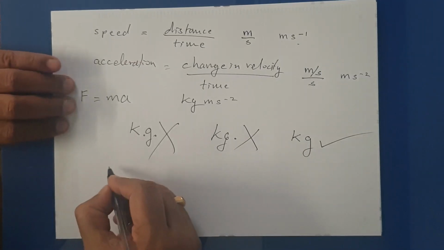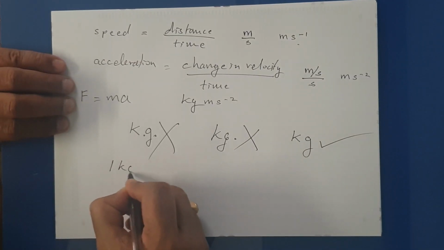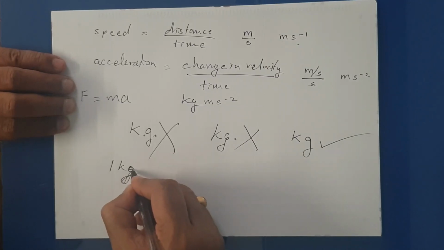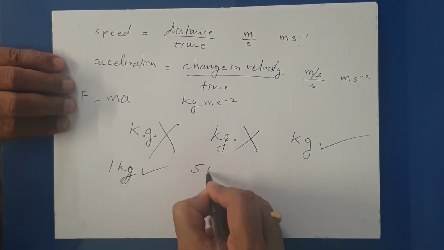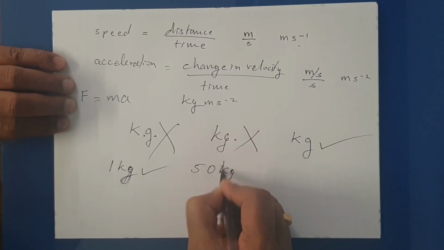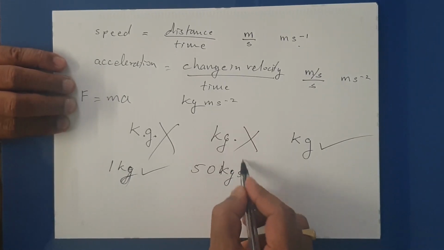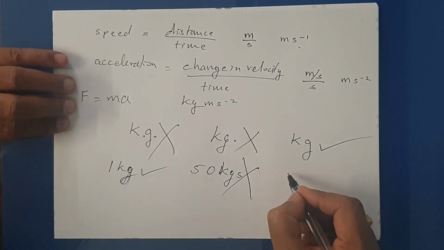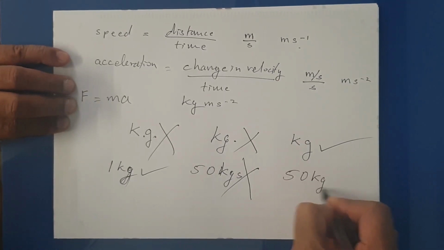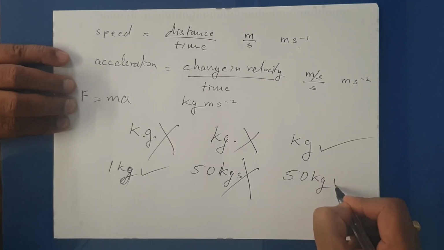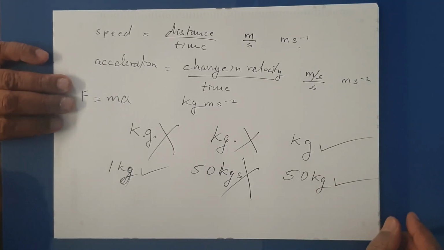That is, 1 kg is okay. 50 kgs, don't put S here, this is wrong. 50 kg without S, this is correct. So symbols do not take the plural form. That is, you should not add S after the unit symbol if the quantity is more than 1.